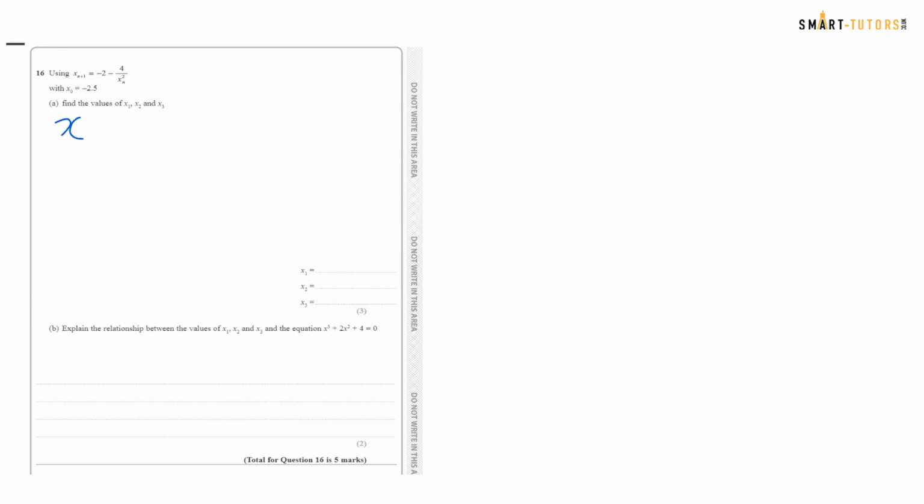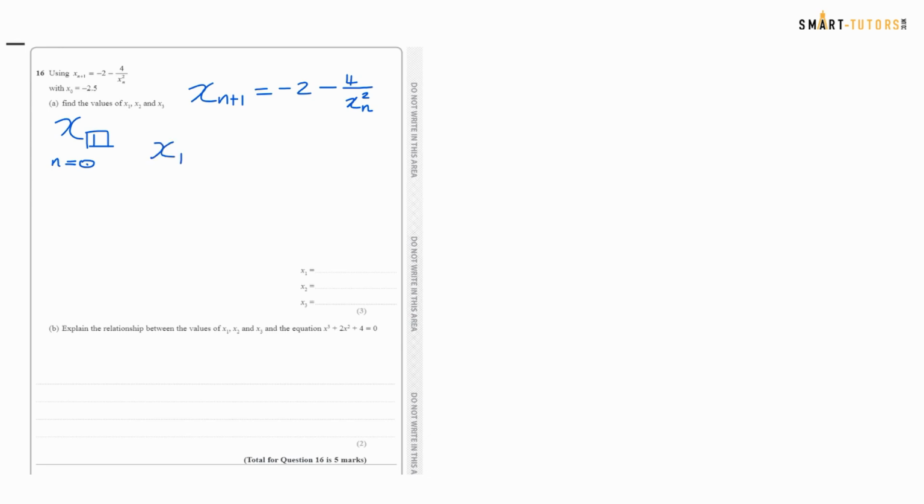So x1 can be found by putting n equals 0 into the equation. So the equation is x n plus 1 equals minus 2 minus 4 over x n squared.